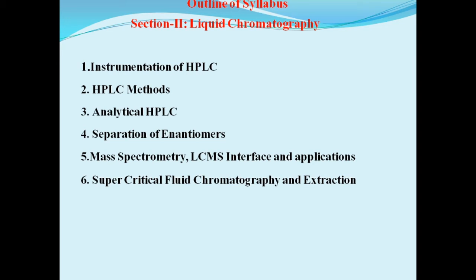Third chapter is analytical HPLC. Qualitative analysis, trace analysis, quantitative analysis, recovery, peak height and peak area determination for quantitative analysis, integration errors, the detection wavelength, derivatization, unexpected peaks, ghost and system peaks.